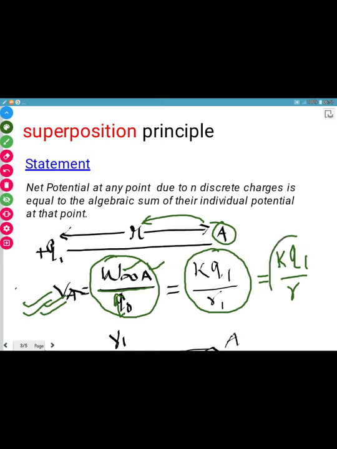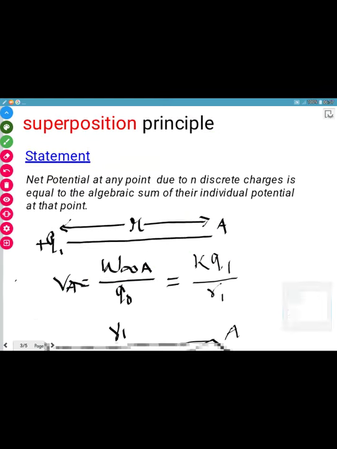So KQ1 by R is the potential at A. If we want to find the potential at a point which is r distance away from the source charge, we can find it easily. This we have already derived in the previous lecture. Now today we are going to discuss the superposition principle. If there are more than two or three charges, how can you find the potential? This is the topic of today's lecture.